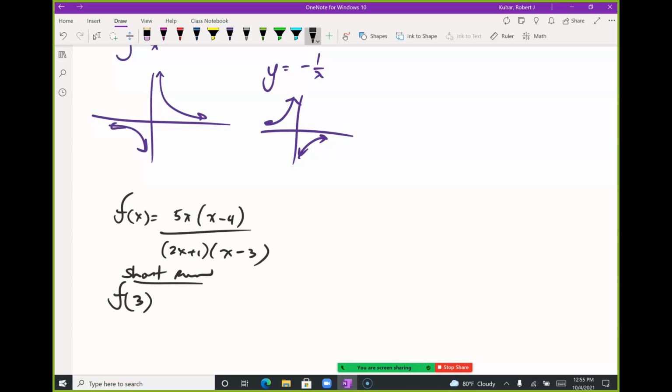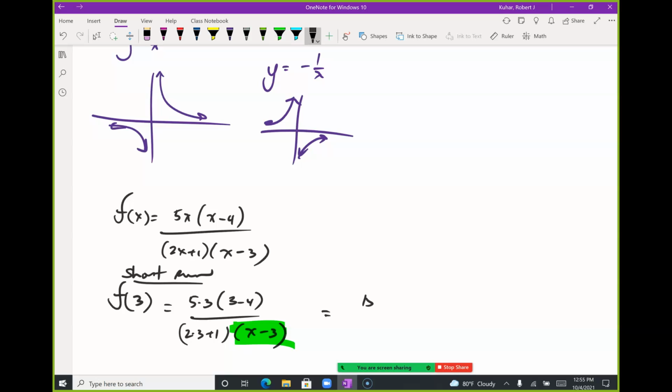I'm taking all of the places that are not in the domain and plugging them into the function when I can, meaning when I don't get a 0 downstairs. So I get 5 times 3 times (3 minus 4) over (2 times 3 plus 1) over an x minus 3. I can't plug it in there. This piece can't be touched with a 3.